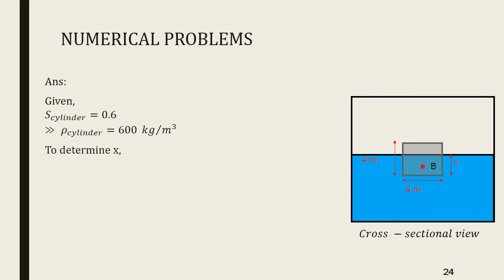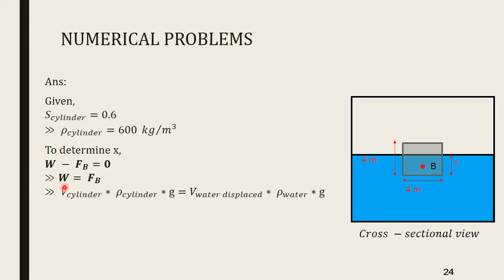So to determine X, W minus FB is equal to 0, we're going to substitute for W and FB. Volume of the cylinder into density of the cylinder into g is W. FB is volume of the water displaced into density of water into g.